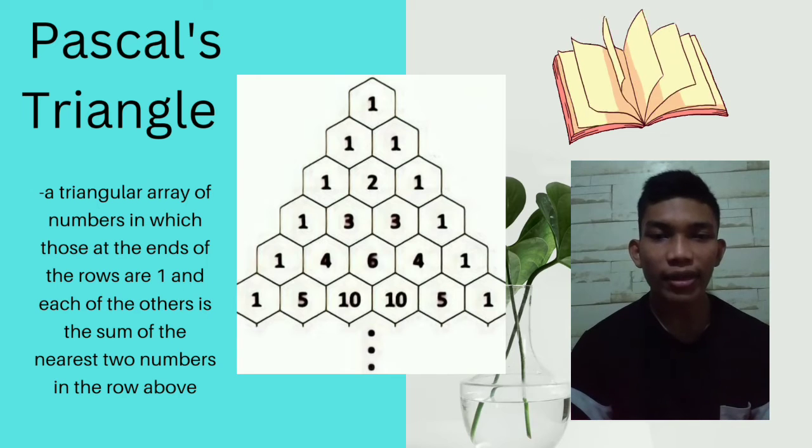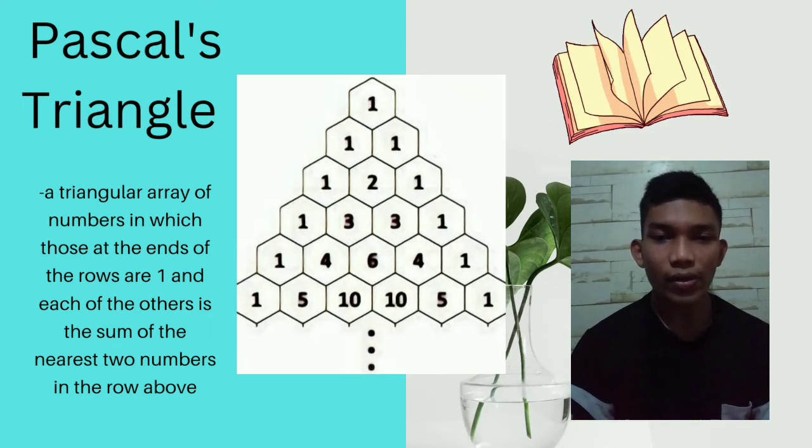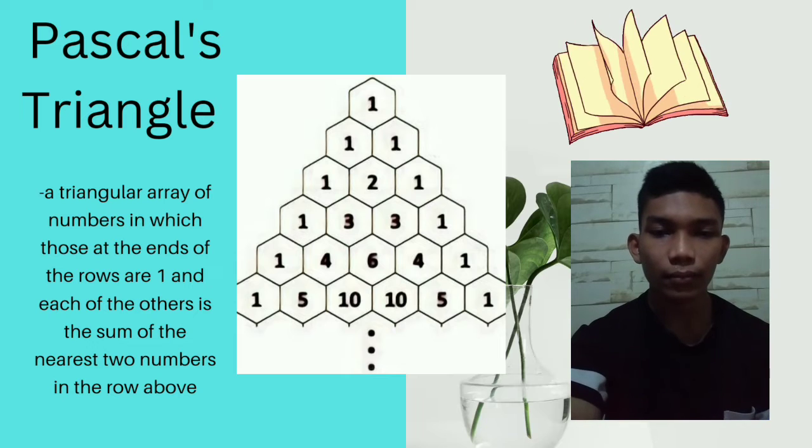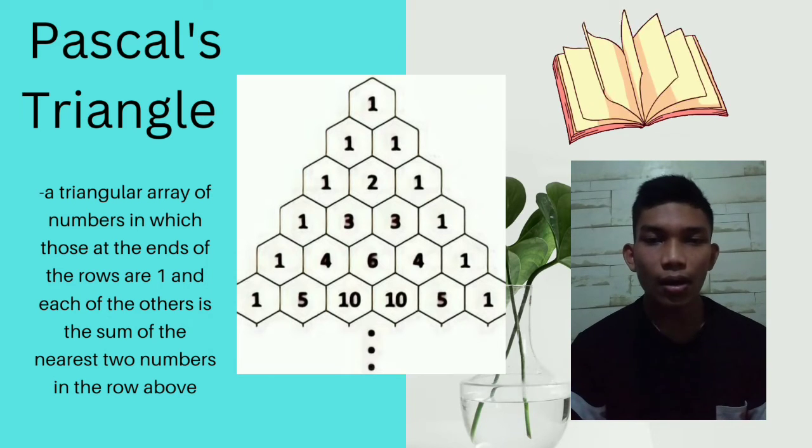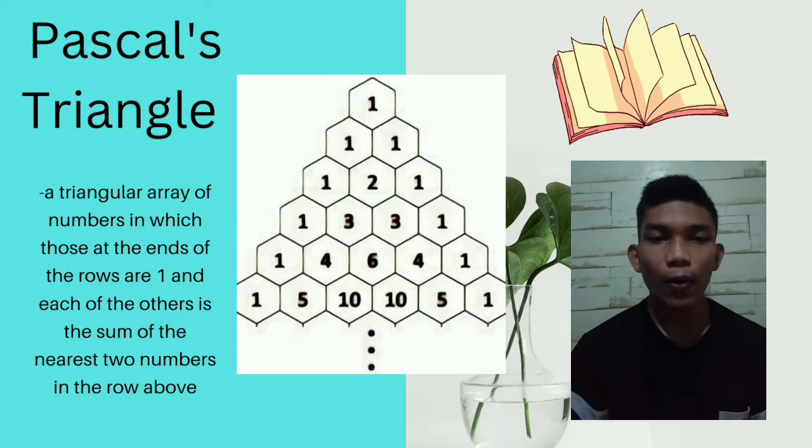And then also 3, tapos 1. So, hanggang sa pababa na yung Pascal's triangle, mag-a-add lang siya ng 2 nearest numbers above the hexagon, and so on, as much as you want.